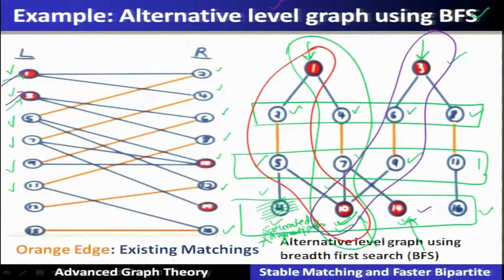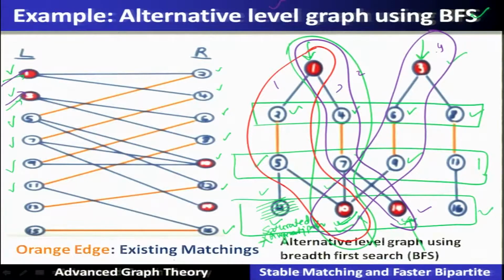Similarly, this node is also unsaturated, so there is only one path possible, and this can be reached from node number 1. So how many paths are there? 1, 2, 3, 4. 4 different alternating paths are there, but we have to find out the vertex disjoint paths.